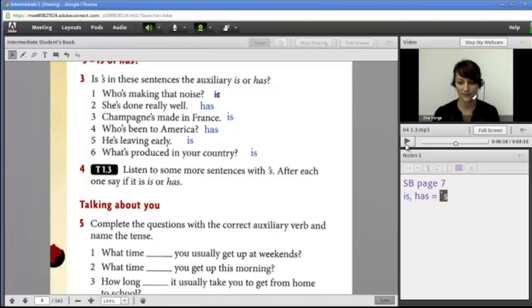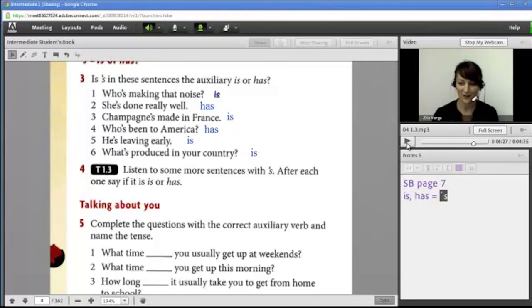Good. 4. He's having a great time. Yes, he's having a great time. He is having a great time. Good. 5. He's never worked overseas before. Has.